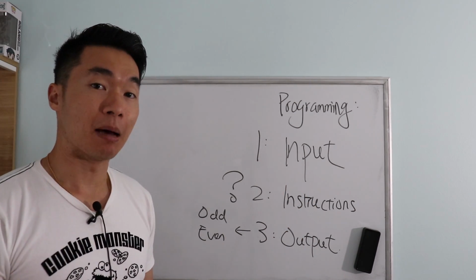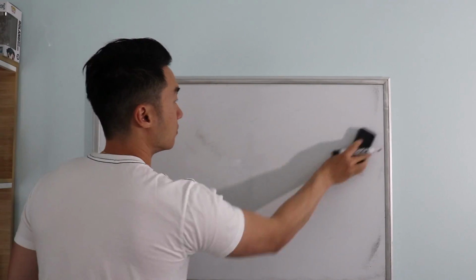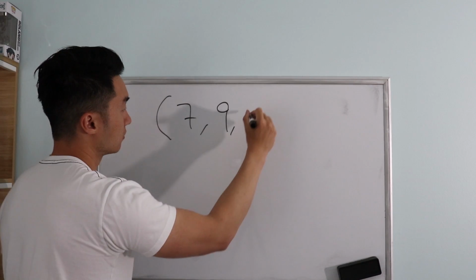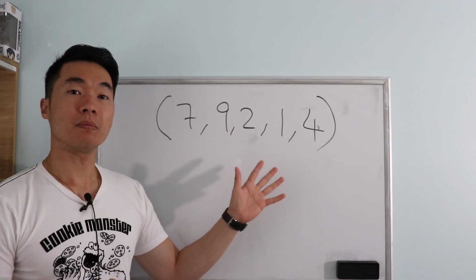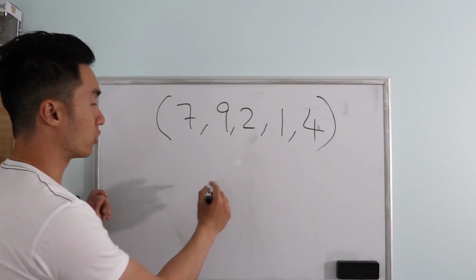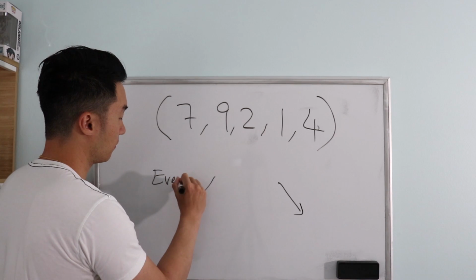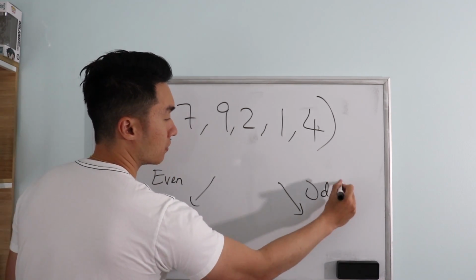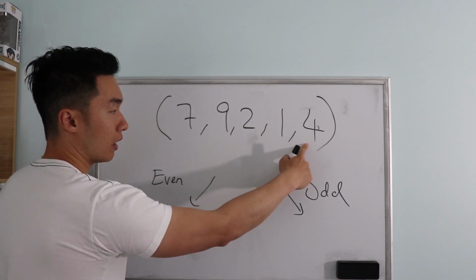Let's take this example and let me explain how it looks. This is your input, and the output that I want you to produce here is you have your even numbers and your odd numbers. For even numbers, you have your 2 and 4.